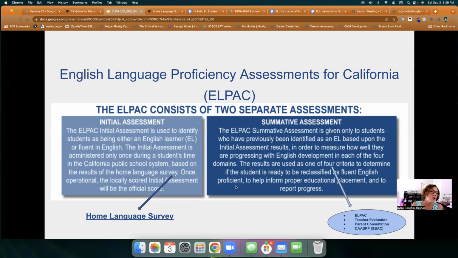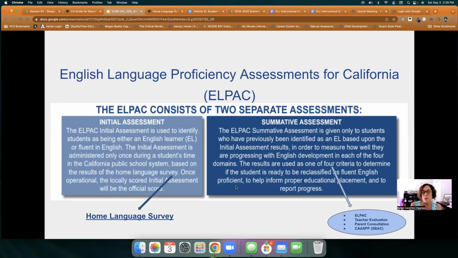It used to be called the STAR. It's now called the CASP or the SBAC, the Smarter Balanced, right? So that gives us information as to how the student is performing against other students of the same grade level.